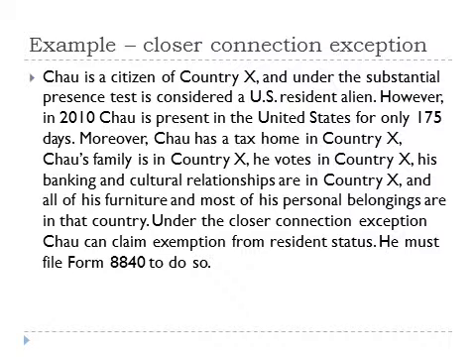Moreover, Chow has a tax home in country X. Chow's family is in country X, and he votes in country X, and his banking and cultural relationships are in country X, and all of his furniture and most of his personal belongings are in country X. Under the closer connection exception, Chow can claim exemption from resident status. He must file Form 8840 to do so.